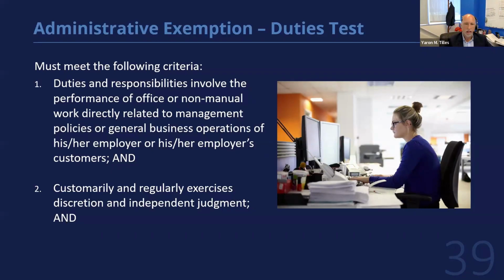And it customarily and regularly exercises discretion and independent judgment. And again, you're going to see some of these overlap between all the exemptions. They're similar or maybe similar. So in addition to those, to satisfy the administrative exemption, you must also meet one of the following criteria. Next slide.